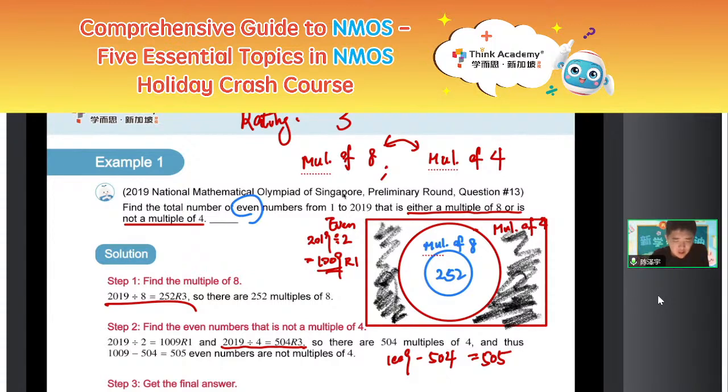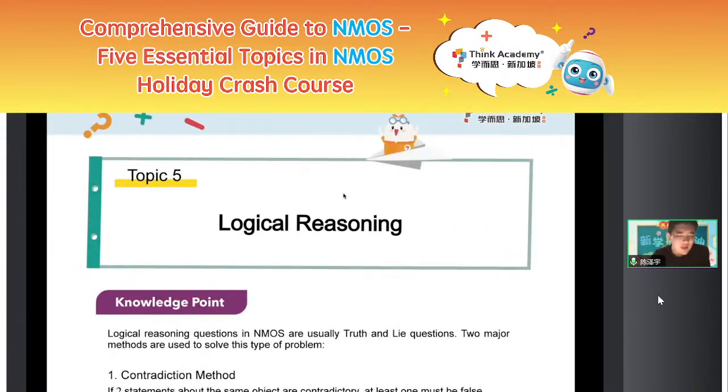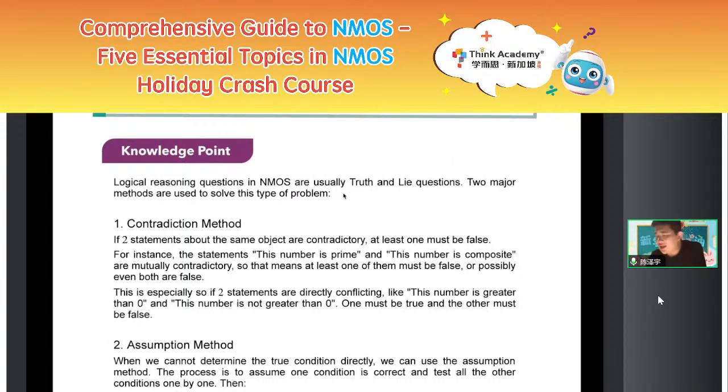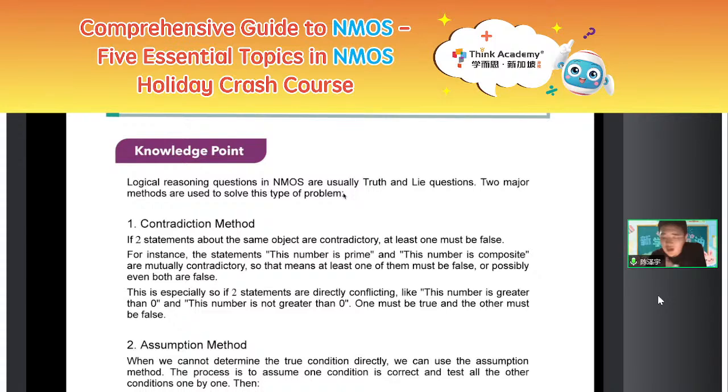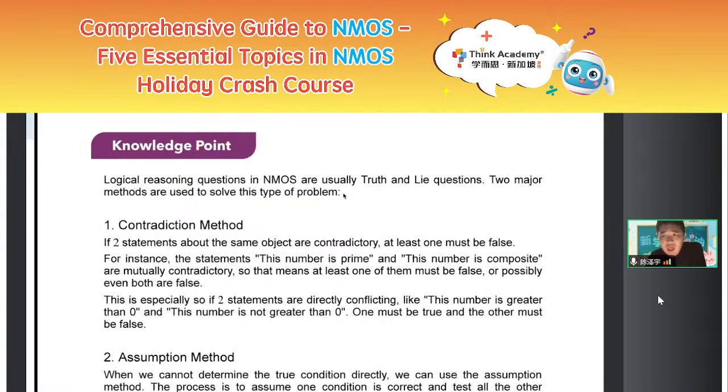All right. So finally, we can move on to our logical reasoning part. I know that you all like logical reasoning. It's like solving a crime scene, solving some interesting puzzles.